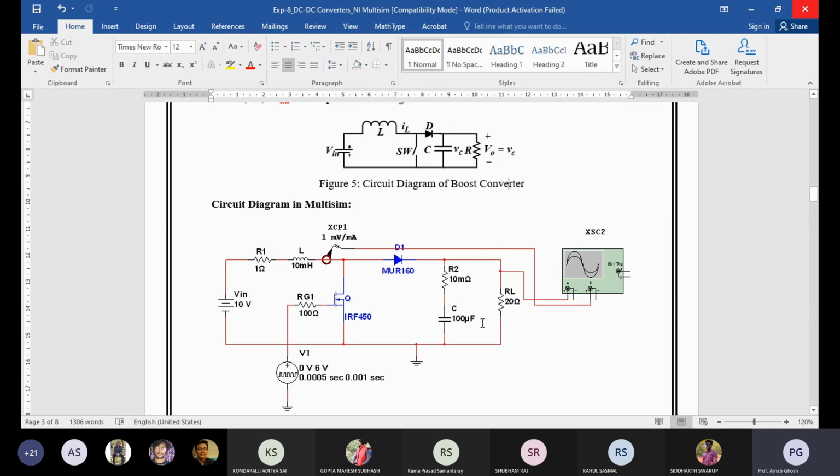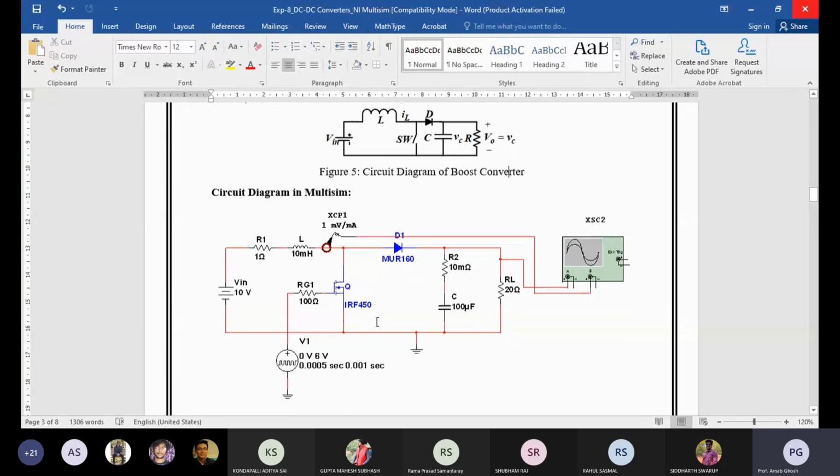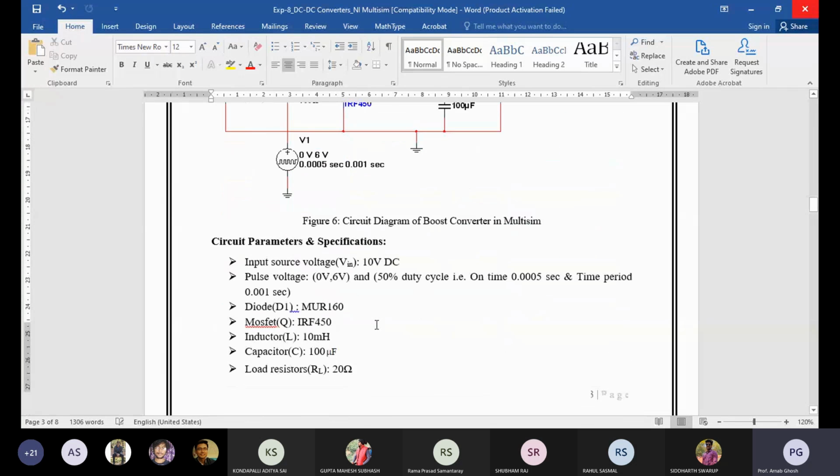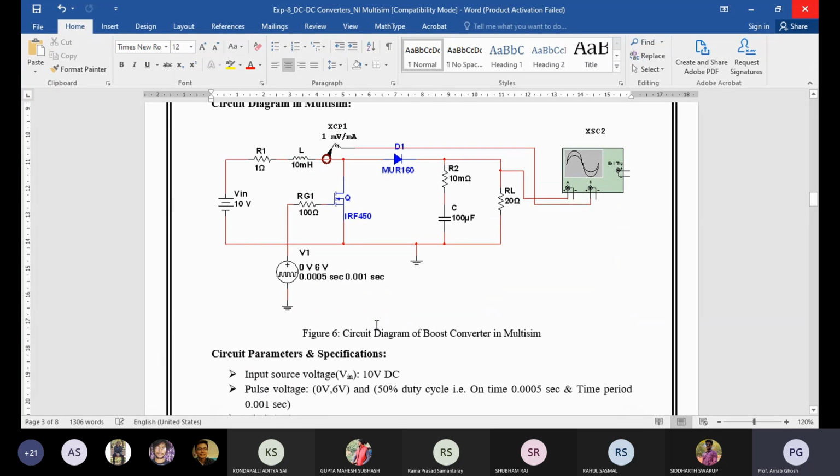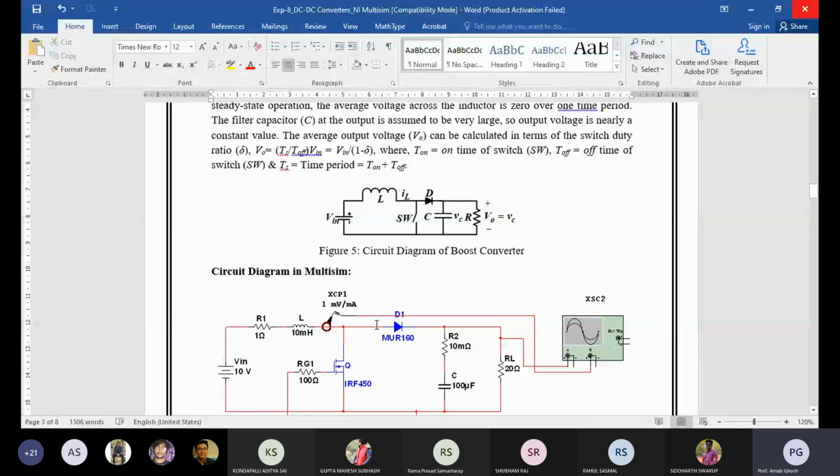The average output uses the same formula: V average equals V0 into T on, the duration of the on time, plus V0 into T off, whole divided by T on plus T off, the total time period T. That voltage in the boost converter should be more than your input voltage, so it is stepping up that voltage. From the diagram you can also see how much the input voltage is, 10 volt.